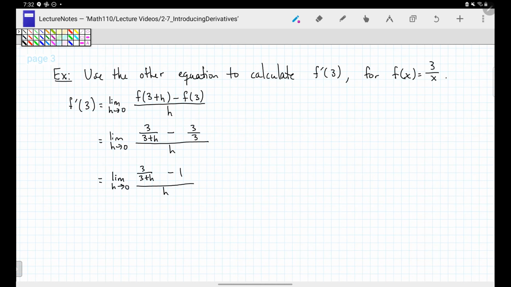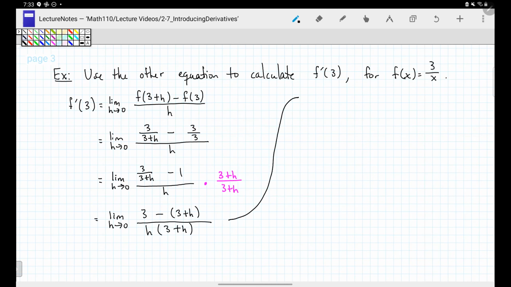Now, to get rid of the fractions within a fraction, I'm going to multiply by that denominator, 3 plus h divided by 3 plus h. And this is now the limit as h goes to 0 of 3 minus 1 times 3 plus h, which is 3 minus 3 plus h, divided by h times 3 plus h.